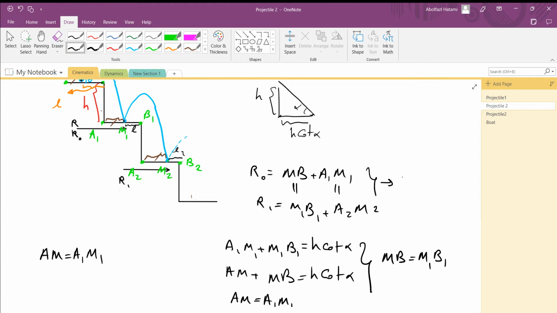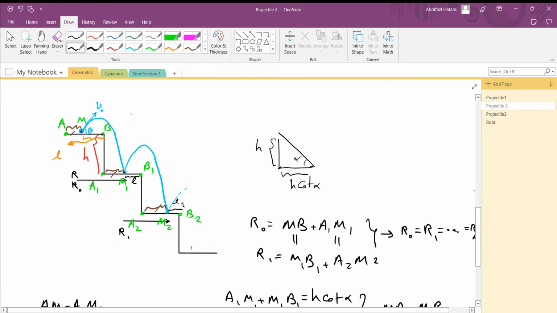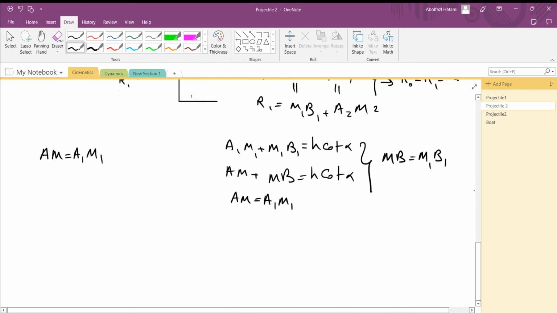From these equations we can also understand that R0 should be equal to R1, and so on, up to Rn. It means that the horizontal distance the ball travels should be equal in each duration of time.